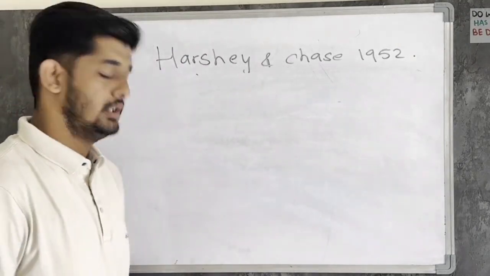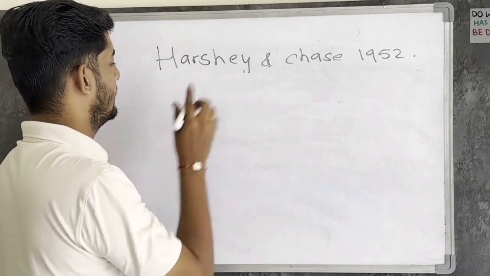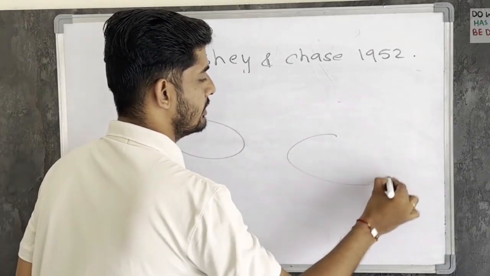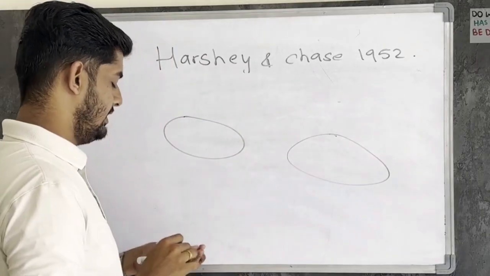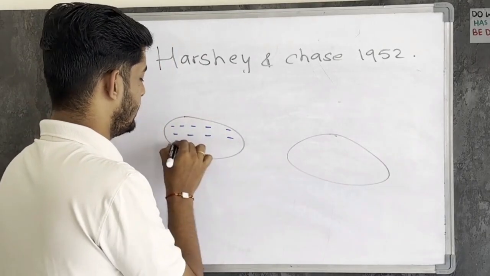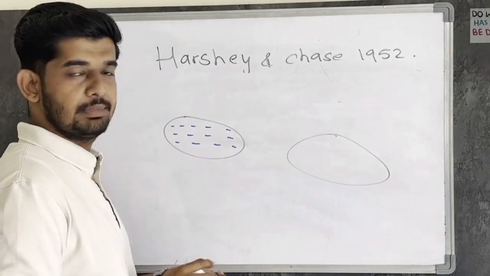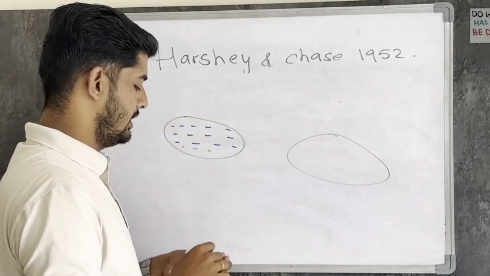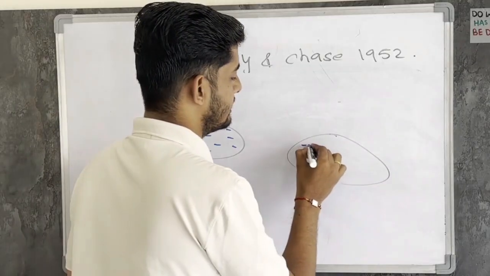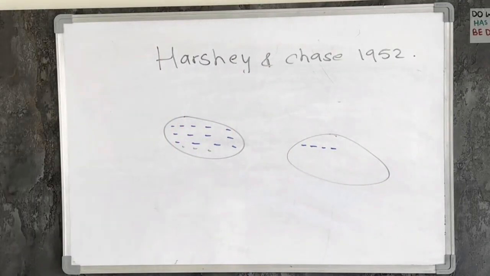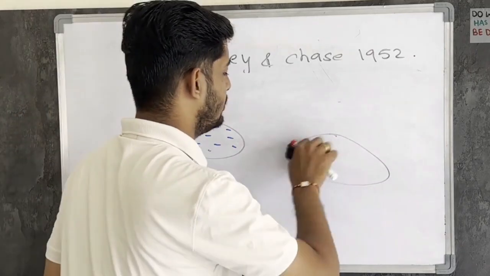Now some of the bacteriophage were given nutrient media that is rich in radioactive sulfur, and normal phosphorus is also present in there, but the majority portion is radioactive sulfur. And some of the bacteriophage were replicated using the radioactive phosphorus.